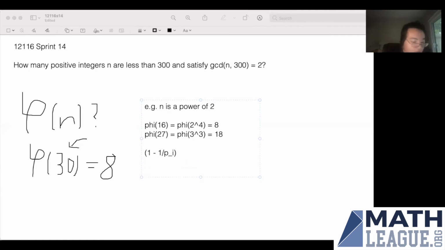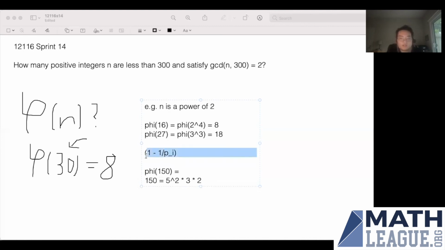But anyway, using our phi function, in this case phi of 150, which gives the number of positive integers relatively prime to 150 that are less than it. Well, 150 is 5 times 5 times 3 times 2, 5 squared times 3 times 2. So again, 2, 3, and 5.